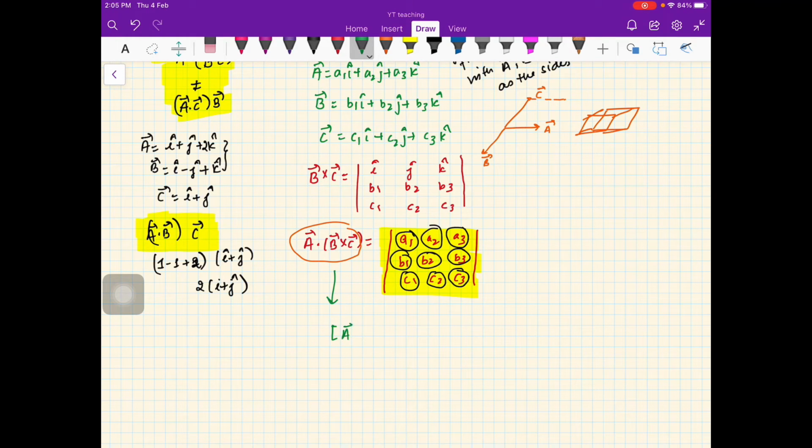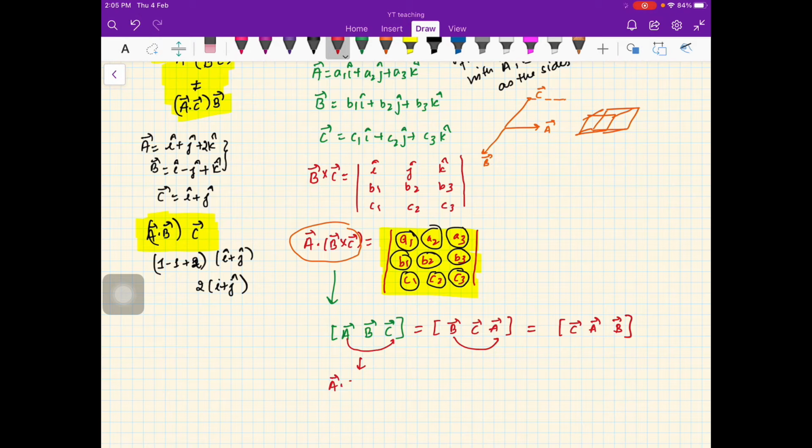Now let us see, there is a notation for the scalar triple product. So this is the notation for scalar triple product. And very clearly we can verify that there is a cyclic relation: the scalar triple product of ABC is the same as, if I bring A here, BCA, and then I bring B here, CAB, right?